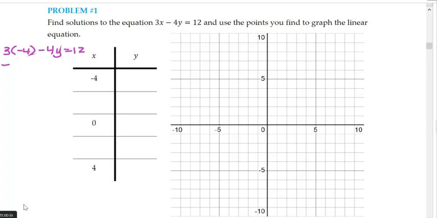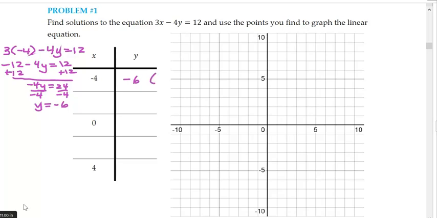And so I have -12 minus 4y equals 12. So we're trying to isolate y, so let's add that 12 over. And I'll get -4y equals 24. And now I just need to divide both sides by -4. And we get y equals -6.